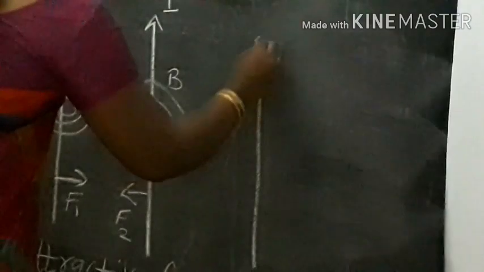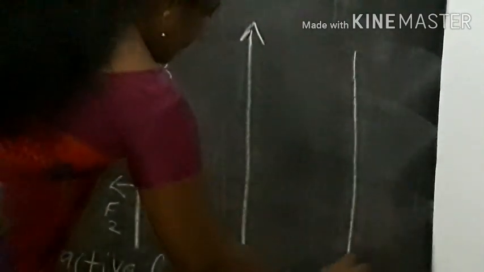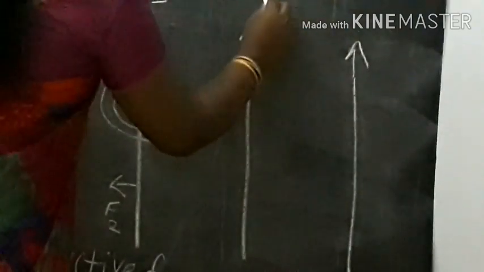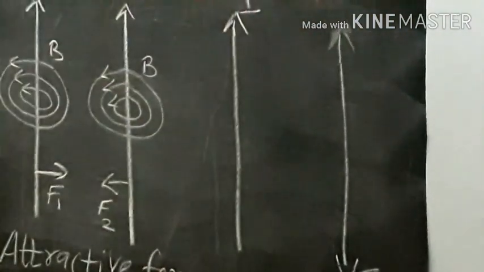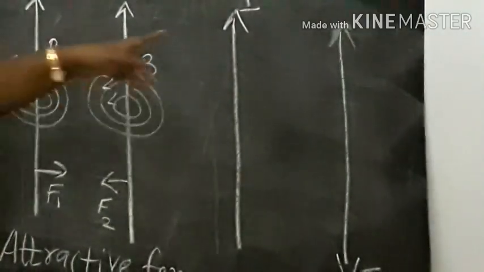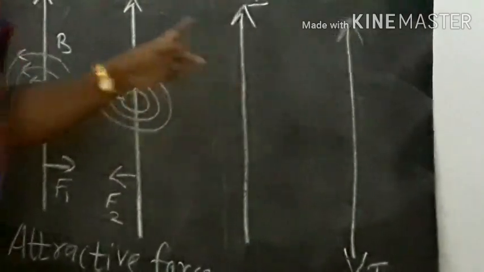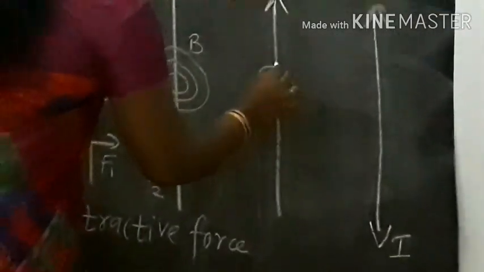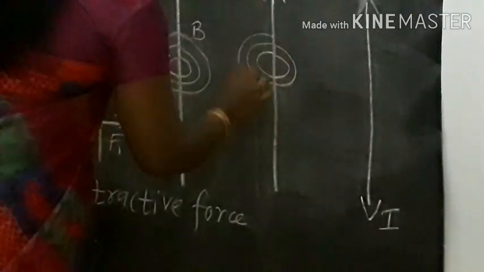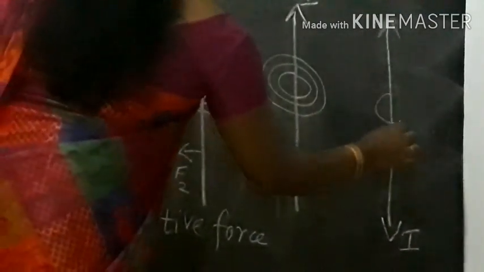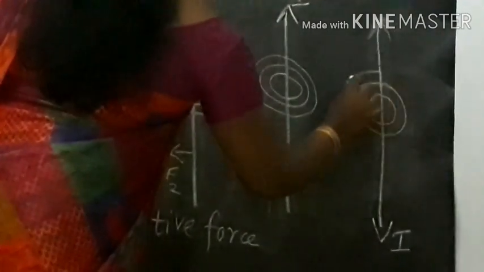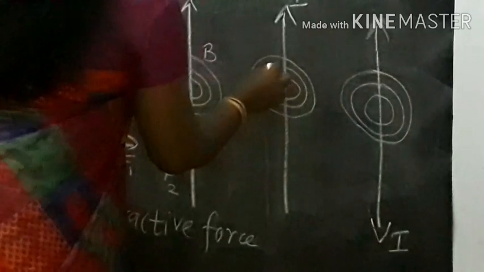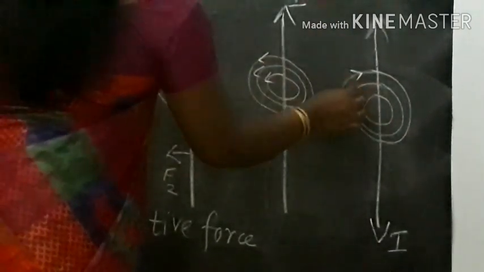Now again, if we place two conductors in parallel, and the direction of the current is reversed, or in the opposite direction, again a magnetic field will be created, which is in the opposite direction.